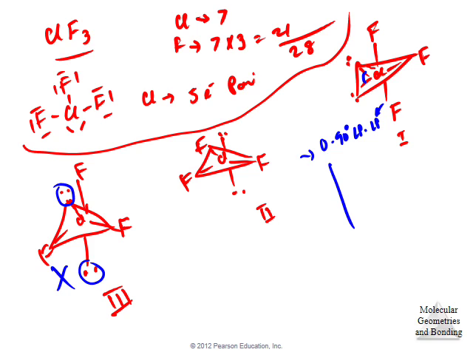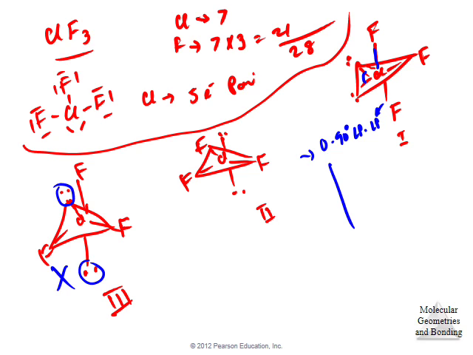In case of structure 1, we would have 1, 2, 3. You can see here, I can see 2 for this fluorine interacting with electron pair on the triangular base.